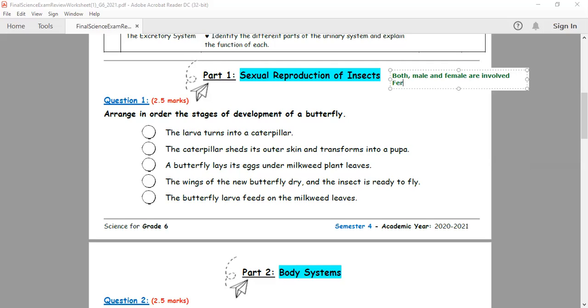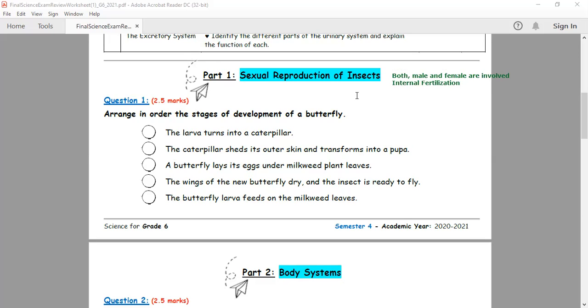Where does fertilization happen? Inside or outside? It happens inside, internal fertilization. It happens inside the female's body.